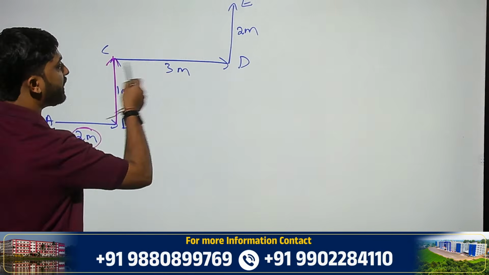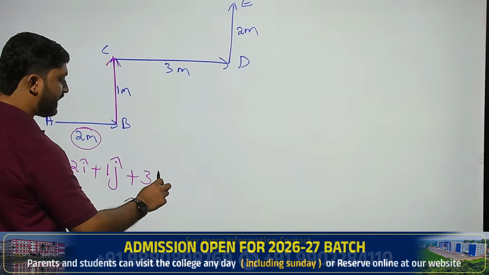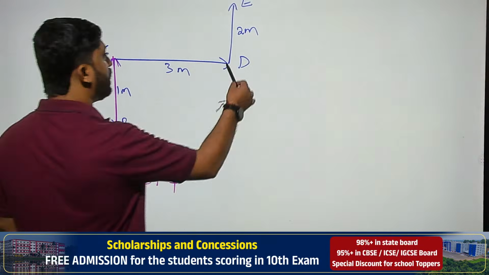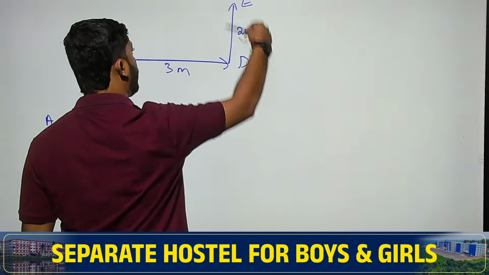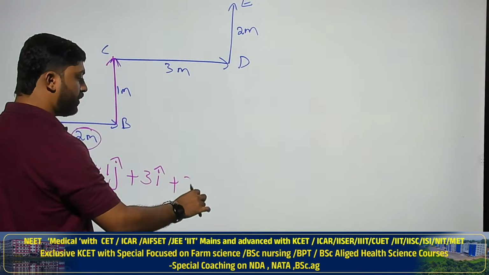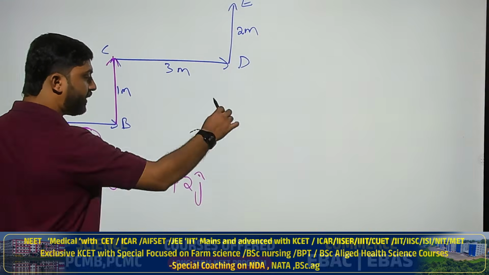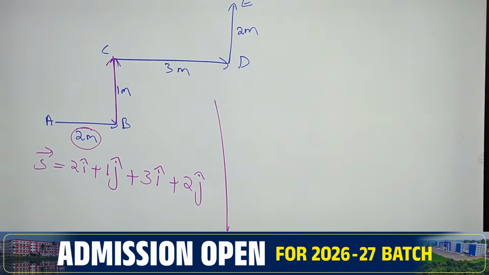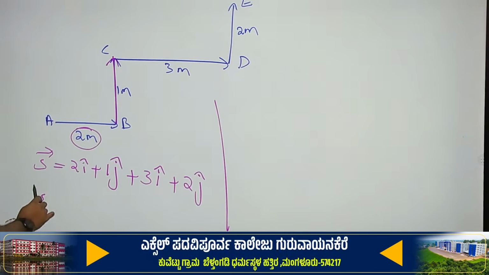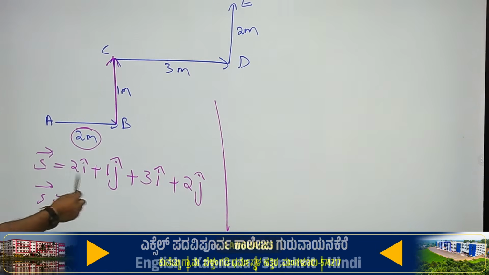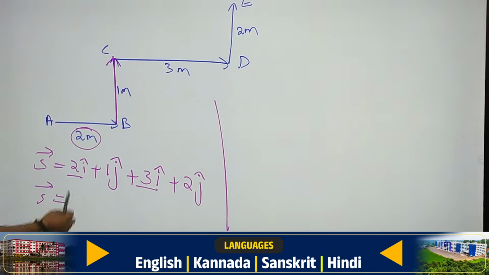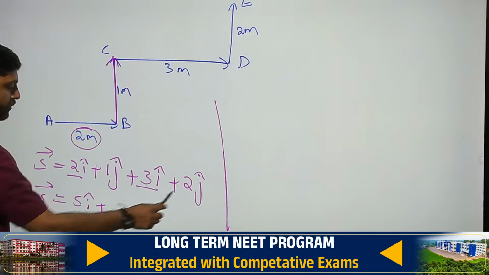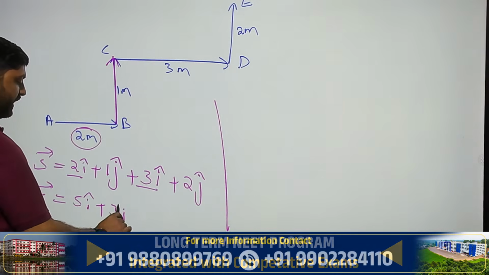It is 3 meter in x axis, so that's why it is 3 i cap, plus from D to E, it has traveled in y direction, therefore it is 2 j cap, right? If you simplify this, displacement vector is equal to, you can add i cap with i cap. So 2 plus 3, it is 5 i cap, plus 1 j plus 2 j, it is 3 j cap.